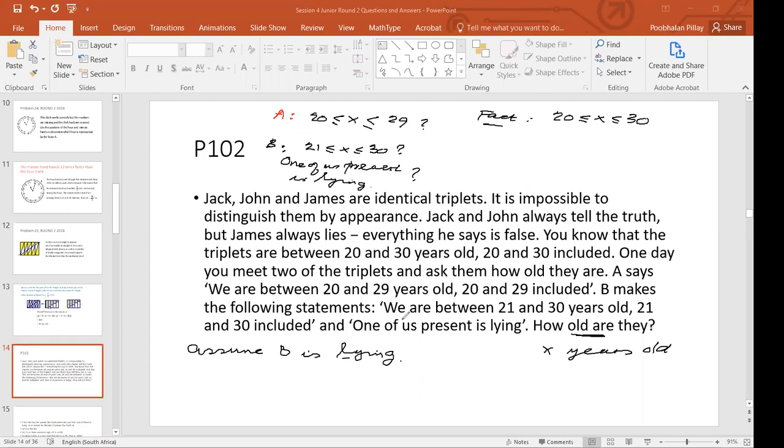So you can't be lying and speaking the truth at the same time. I hope you understand that. Think about it. It's tricky. So this leads to a contradiction. And therefore, this assumption is false.